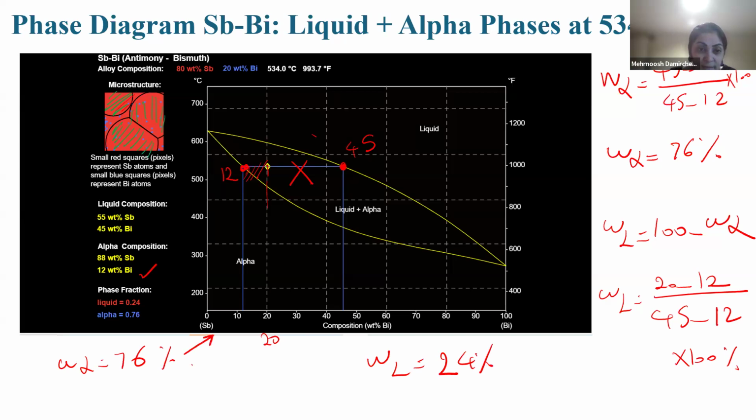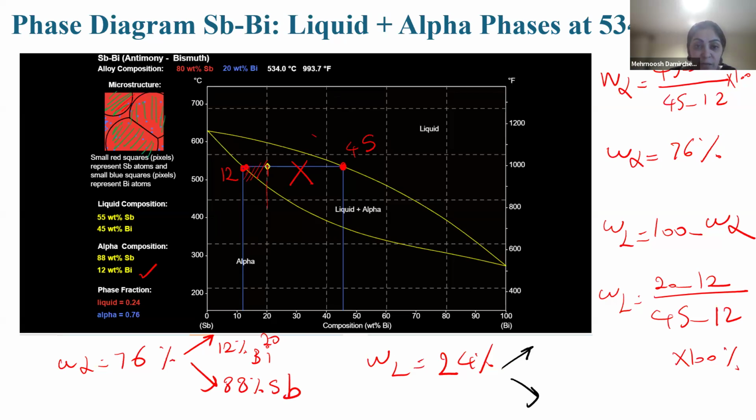And in this alpha, how much do we have, not overall, the composition weight percent? So we have 12% Bi and 88% Sb. And for liquid, how much Bi do we have?